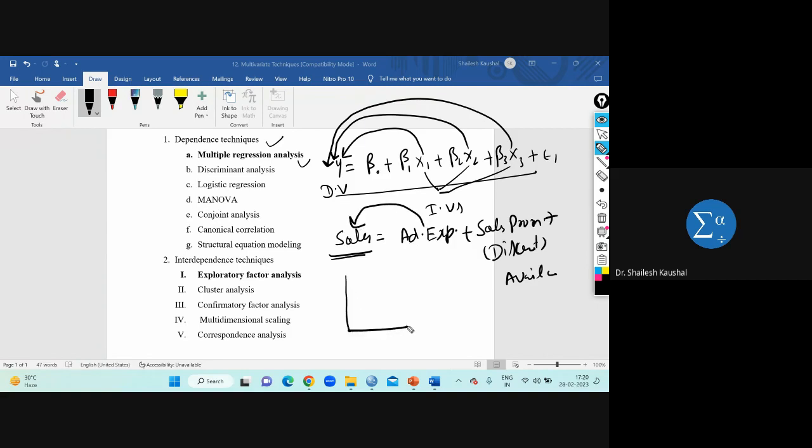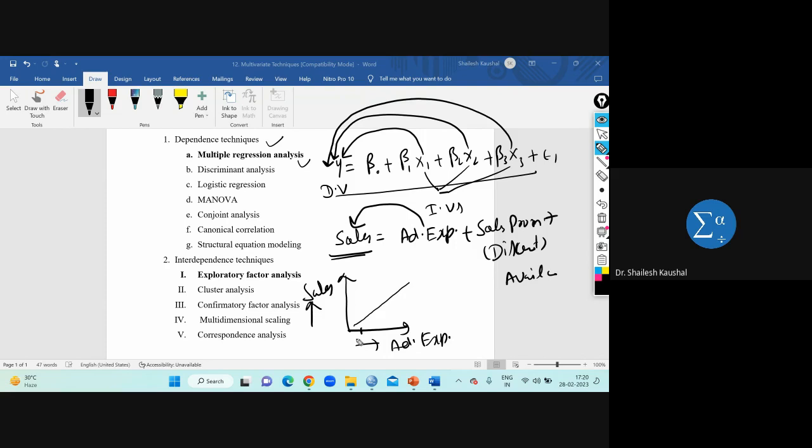So we know that sales is the dependent variable and advertising expenses is the independent variable. As we increase the advertising expenses, sales also increase.